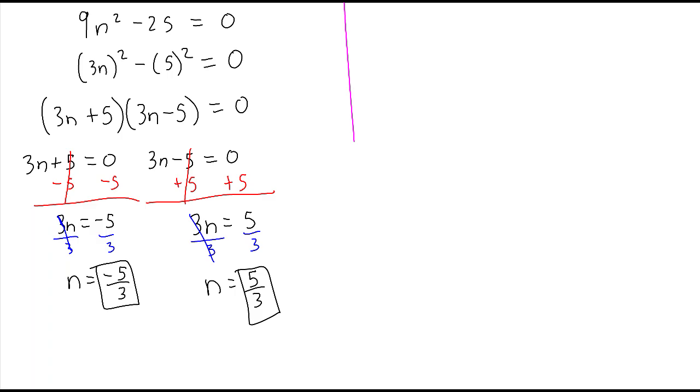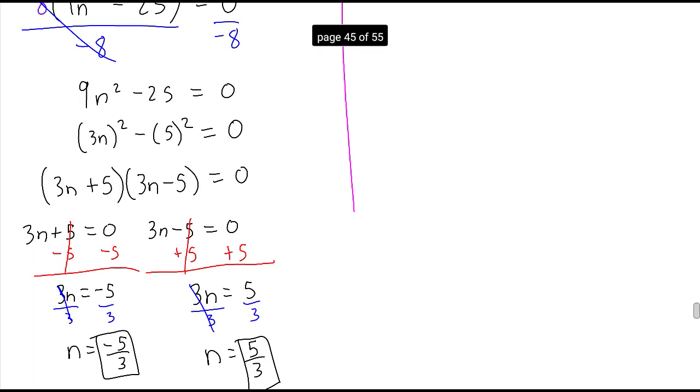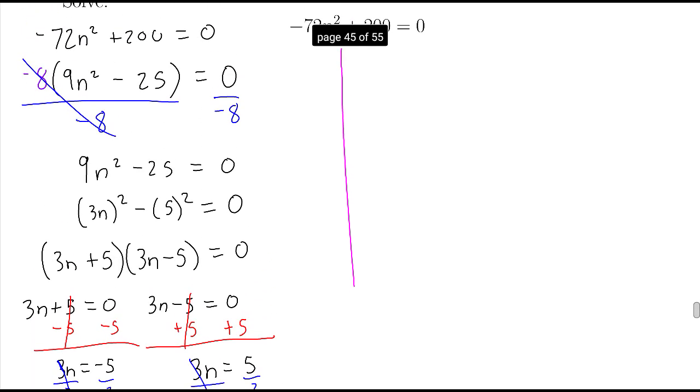Okay, so there we go. I could use the zero product property, factor the expression or the equation, and set each part equal to 0 and solve it, right? So that's the usual way that we'll solve a quadratic. The other way is to use the square root property to solve this. So negative 72n squared plus 200 equals 0.